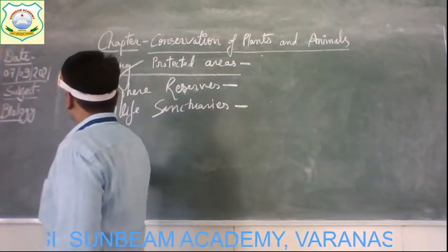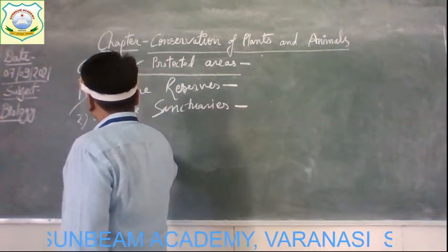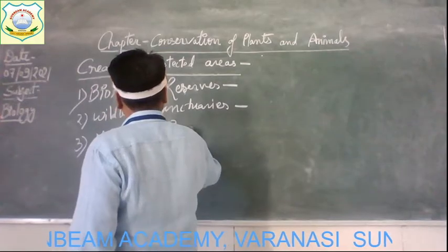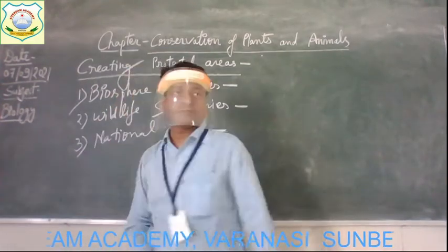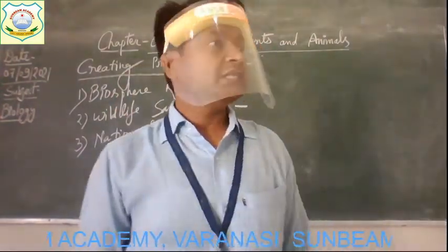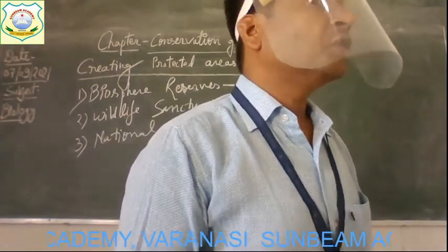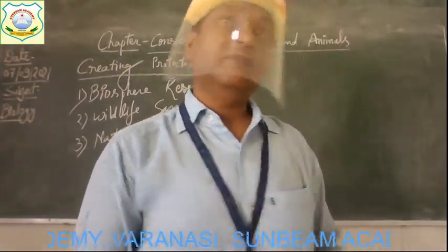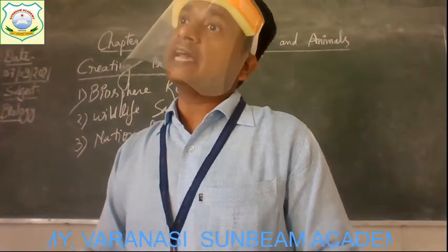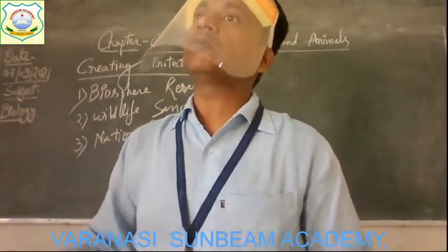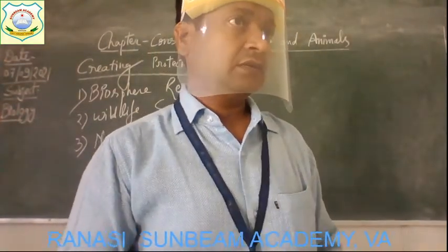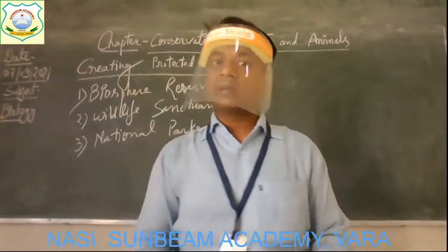And the third one is national park. Get it? These are the three kinds of protected areas in which forest as well as wildlife are protected. Get it? So come one by one.